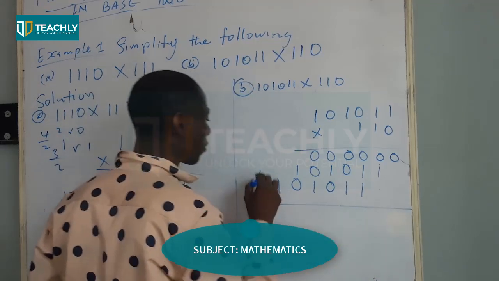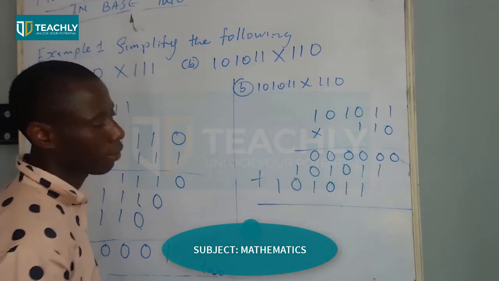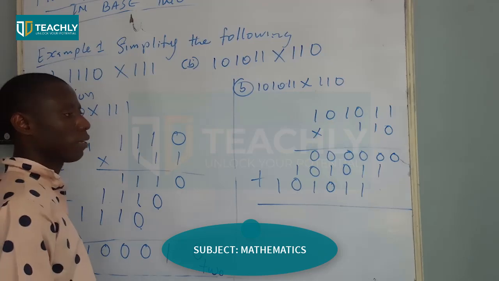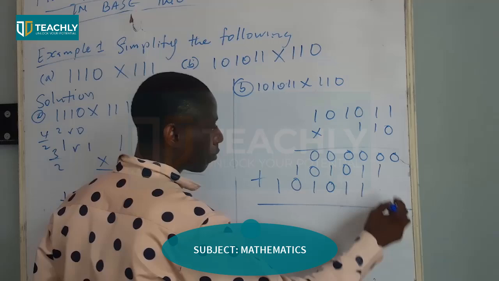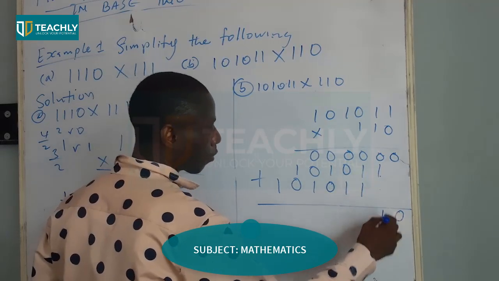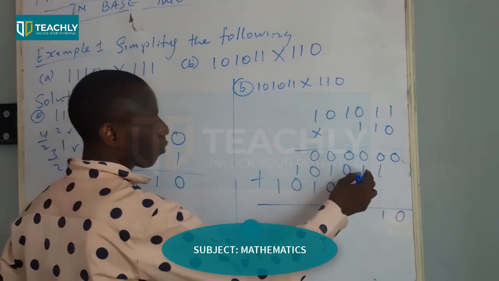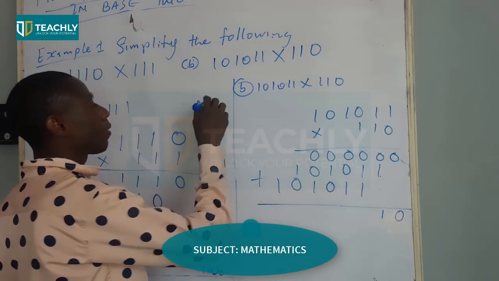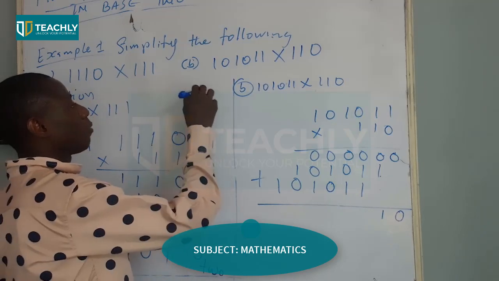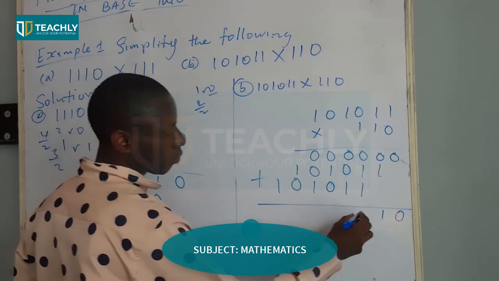So with this, let's add it. If you are adding here, look particularly down like this. 0 here we have 0. 0 plus 1 here you have 1. 0 plus 1, 1 plus 1, that is 2. So when it's 2 you divide. 2 divided by 2, you have 1 remainder 0. Let's write remainder 0.